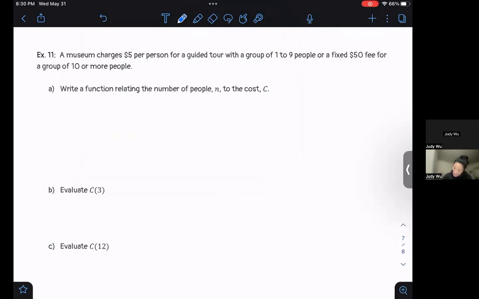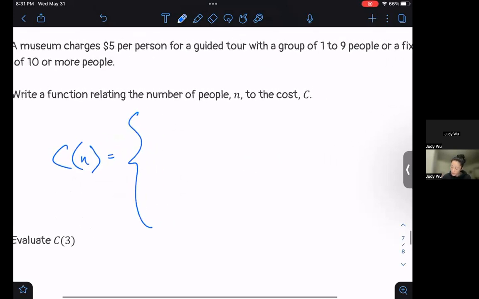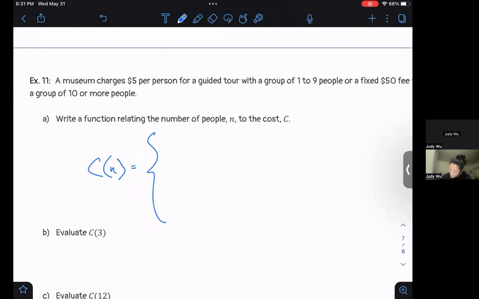All right. Now, it seems like there are two pieces here. So I'm going to set up my C of n and a squiggly bracket. And one of my cases is going to be from when I have 1 to 9 people, right? For every person between 1 and 9, I have to pay $5 per person, okay?